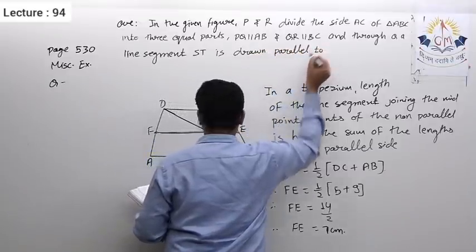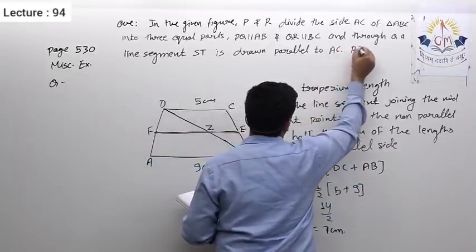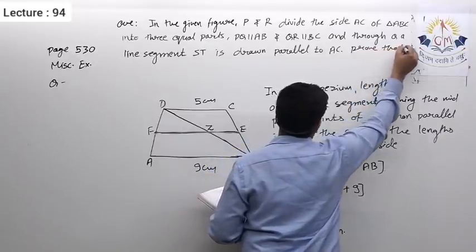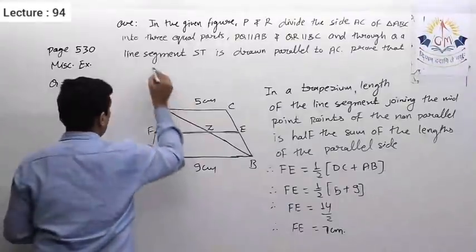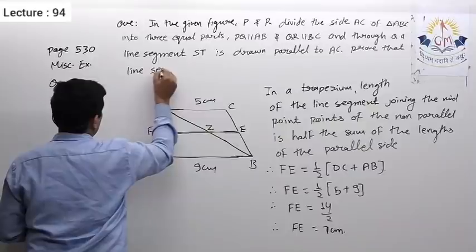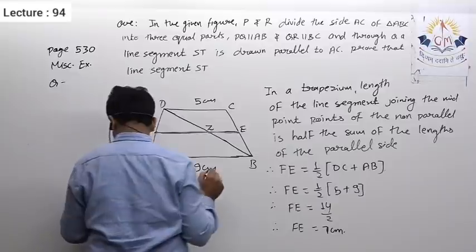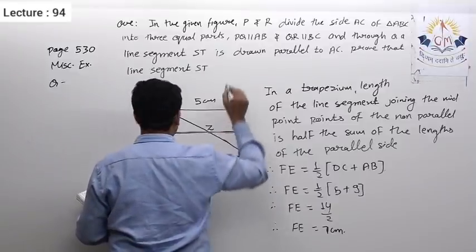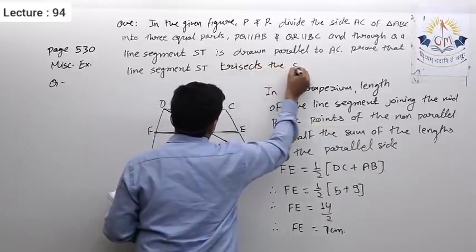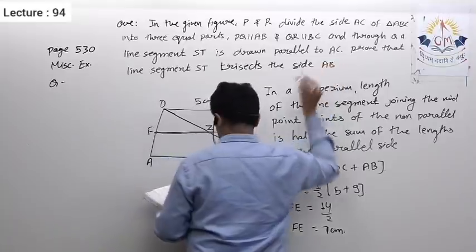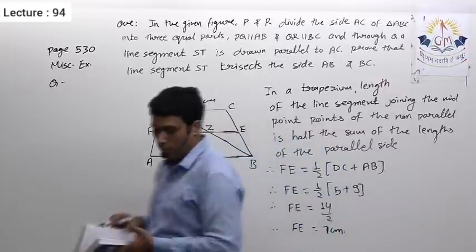Prove that the line segment ST trisects the sides AB and BC, that you have to prove.